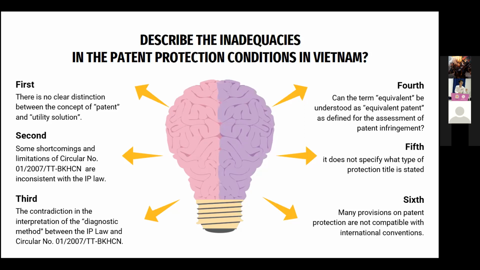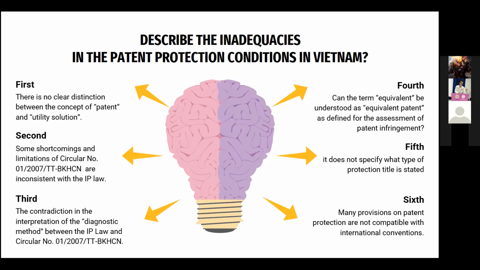Fifth, on the clause, Article 25 stipulates the assessment of novelty of the basic features of the technical solution to be compared with the features of the control solution, in which basic features of technical solutions stated in the application and in the protection title are expressed in the scope claim for protection of the invention.